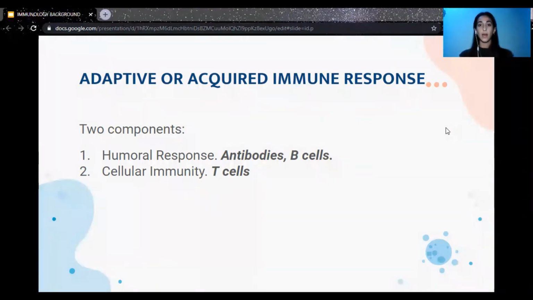So these cells are going to control all the cells in the body somehow, to be able to know if the cell is infected with a microorganism, such as a virus, for example, or if the cell has become a tumor cell. So the T cells are in charge of the cell-mediated immunity.